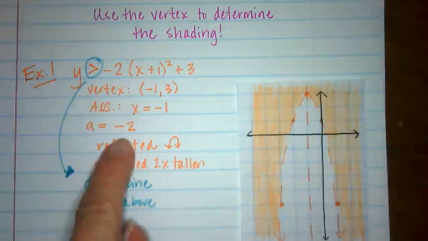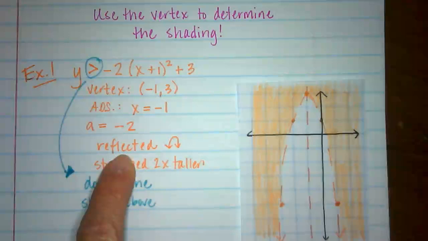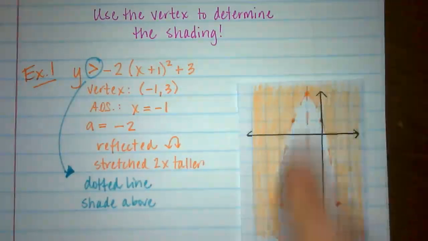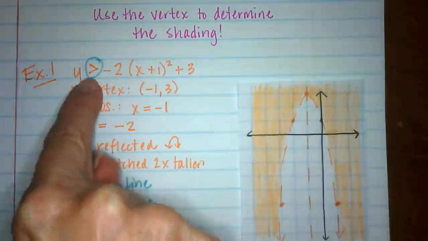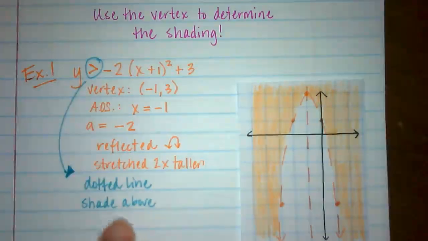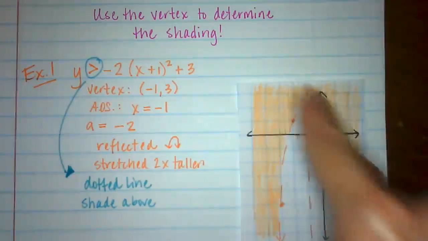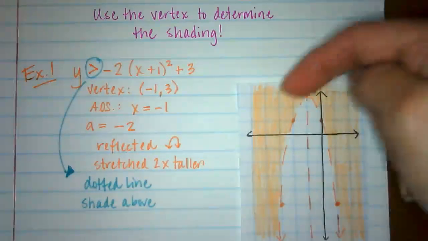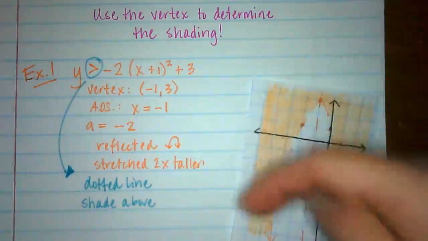Since this A is -2, we know it's reflected and it's going to be 2 times taller. So we plotted the points. This inequality tells me that I need a dotted line and I need to shade above the parabola.